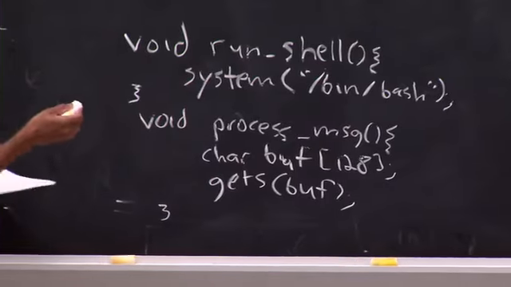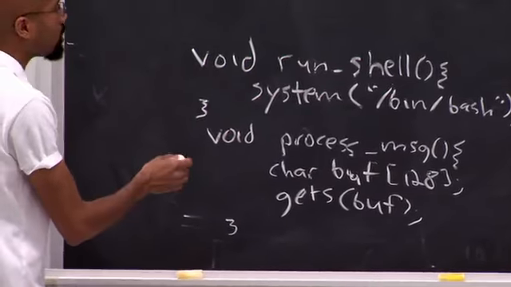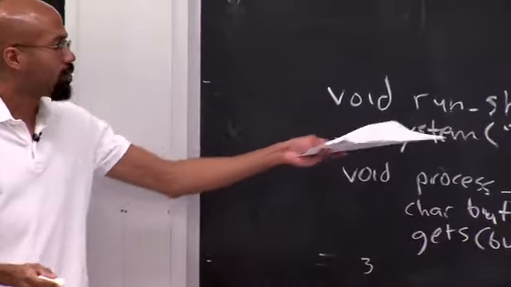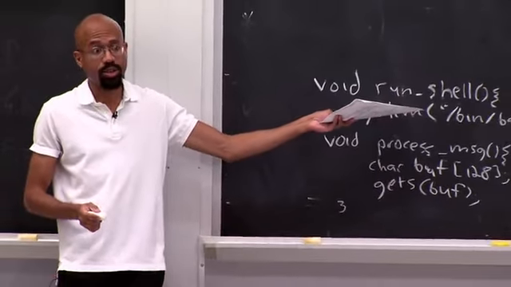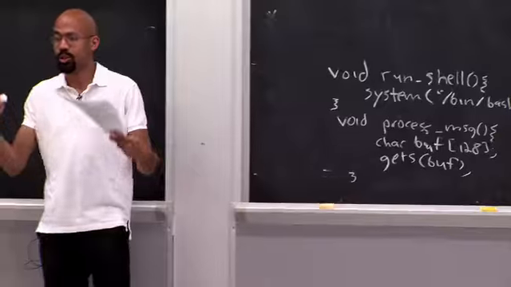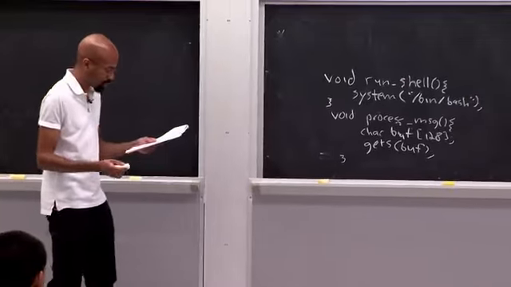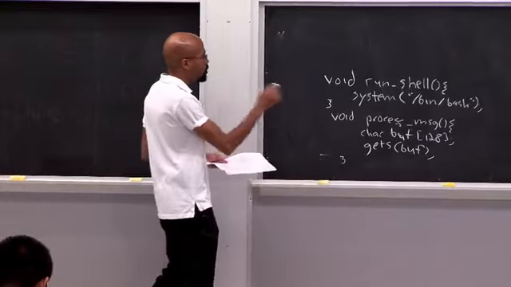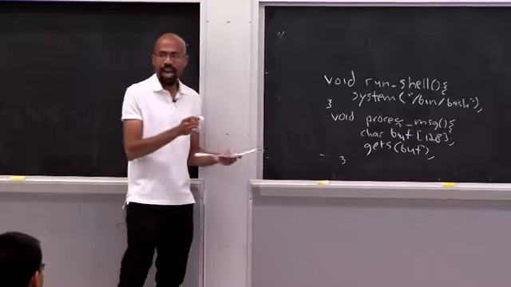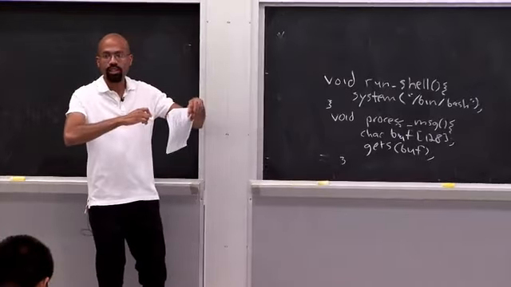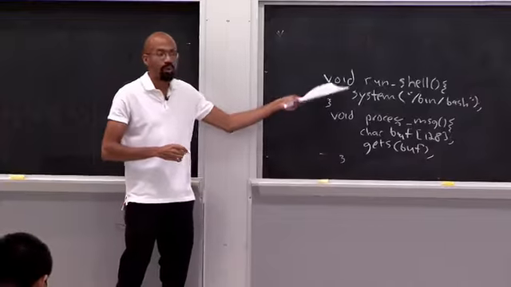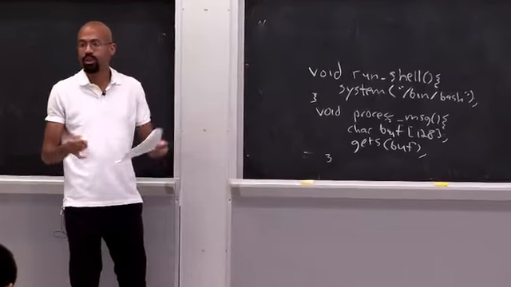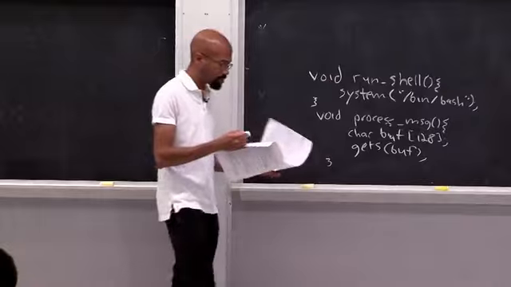First of all, the attacker can disassemble the program, run GDB, and find out the address of this thing in the executable, right? You all should be very familiar with doing those kinds of things through the lab. So that's the first thing the attacker can do. And then during the buffer overflow, the attacker can take that address, put it in the buffer overflow that's generated, and make sure that the function returns to run shell.